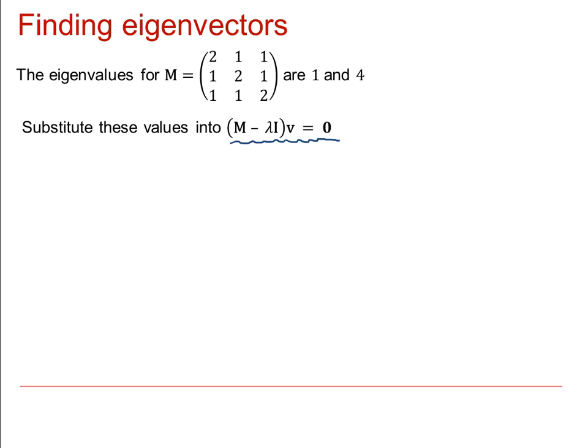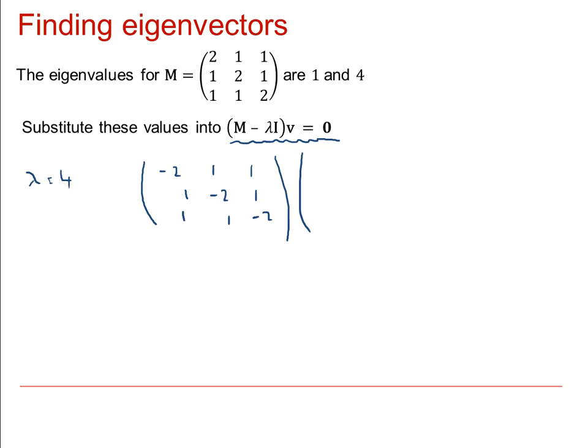So taking first of all lambda equal to 4, subtracting 4 from each of the elements in M on the leading diagonal gives a matrix which is negative 2, 1, 1, 1, negative 2, 1, and 1, 1, negative 2.